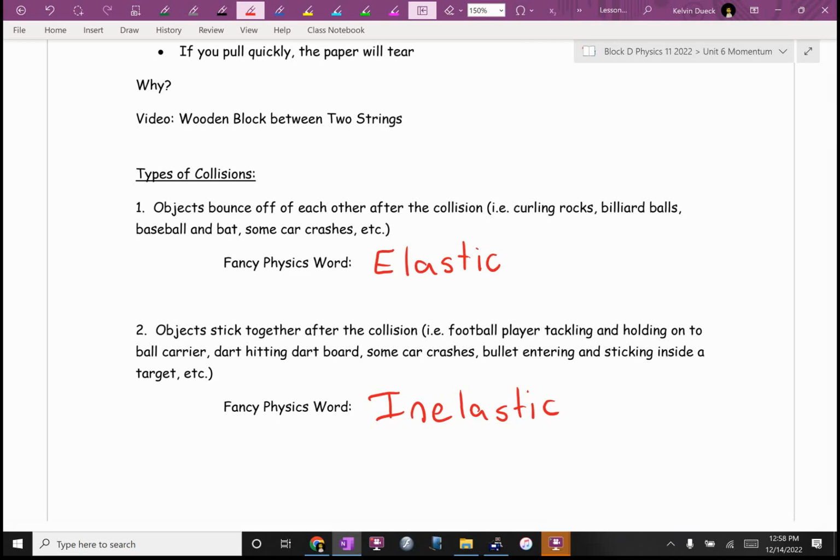So what I will try and do when I'm speaking is just exaggerate it. I'll often, Josh, say two cars had an elastic collision. I'll put a big pause in there. Or two cars had an inelastic collision. I'll really emphasize it, okay? But you do need to know these two terms, and we'll start using them.